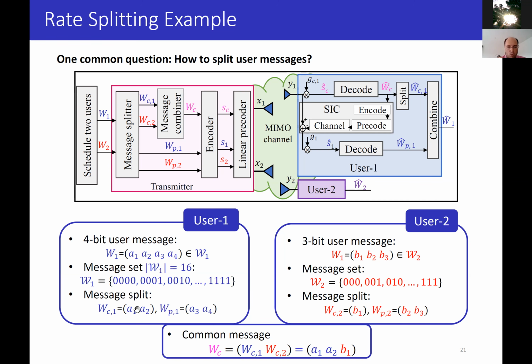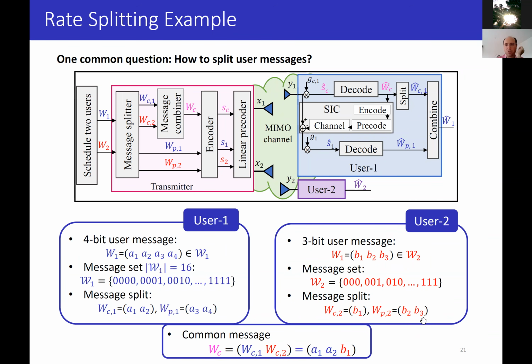And then from B1 and A1, A2, I can construct the common message. Here, for instance, I would have 3 bits that would map to 8-PSK symbols. And then for the private stream, I would have, for instance, a QPSK symbol carrying those 2 bits and a QPSK symbol carrying those 2 bits for WP2.